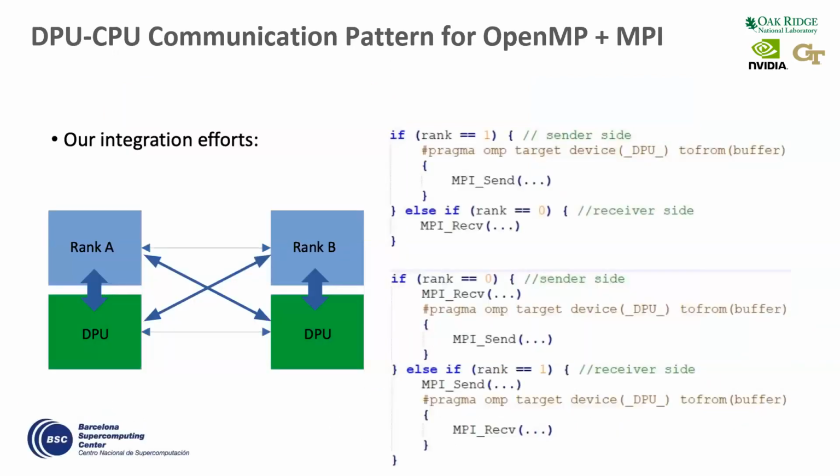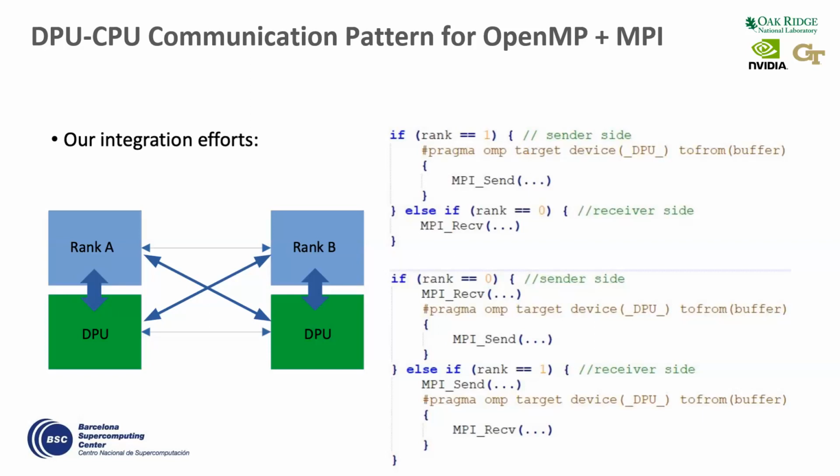Yeah, and this is just an example of potentially what OpenMP offload is going to be able to do in the context of a programming model, like potentially enabling point-to-point communication, where we can offload those point-to-point communications to a device using the directives.